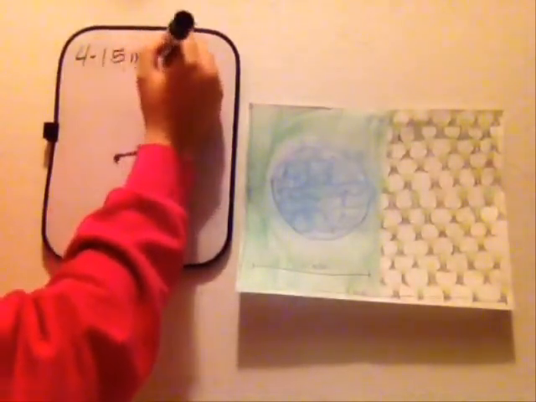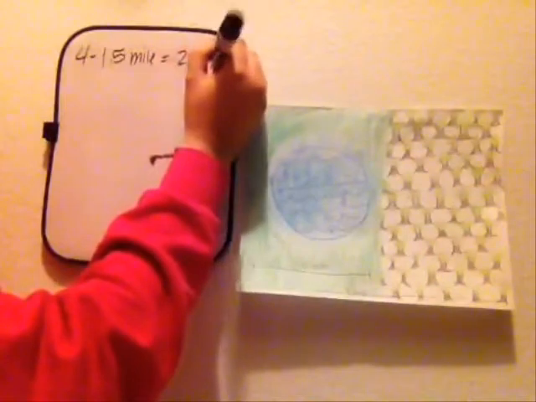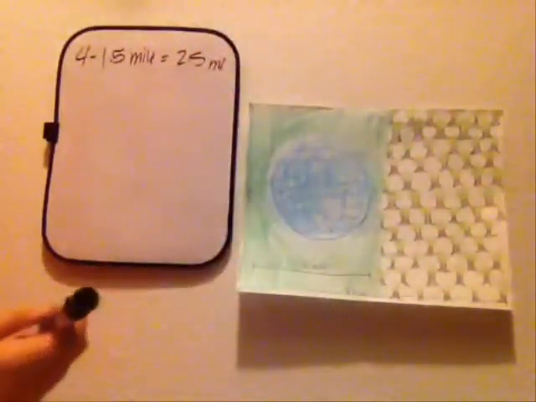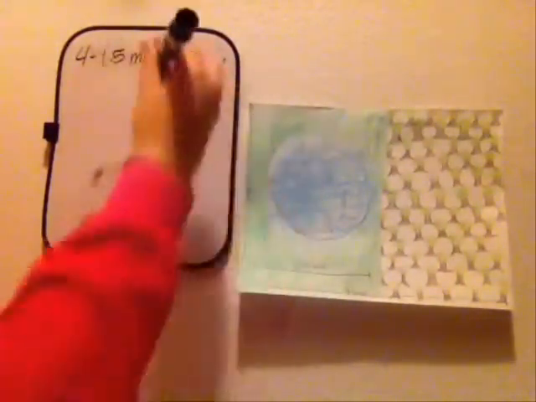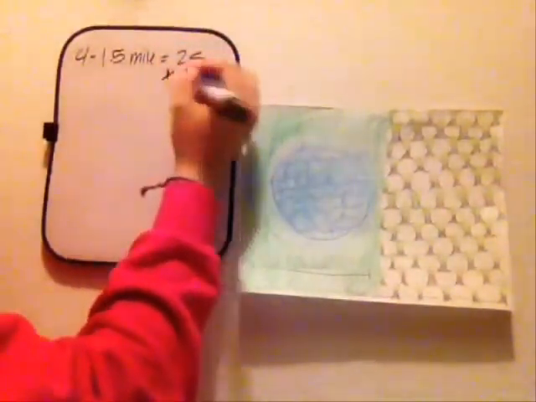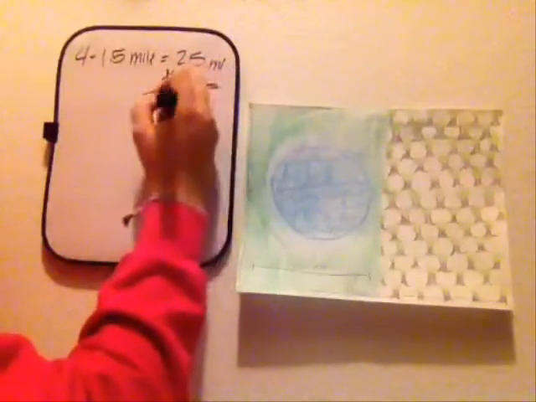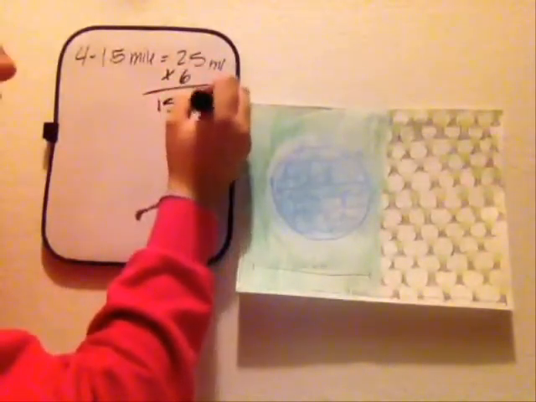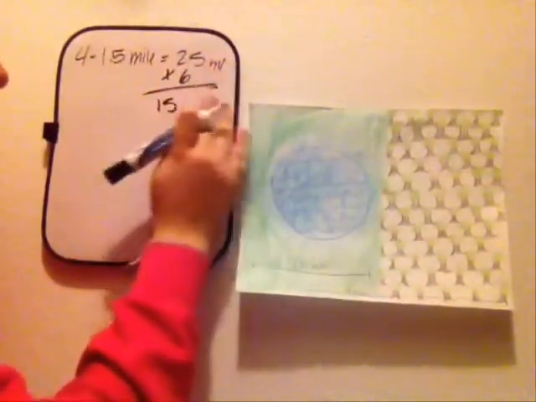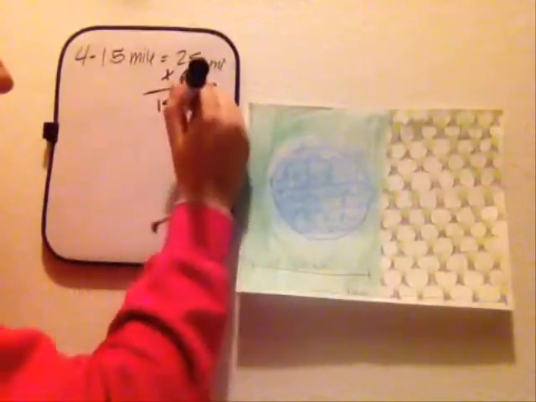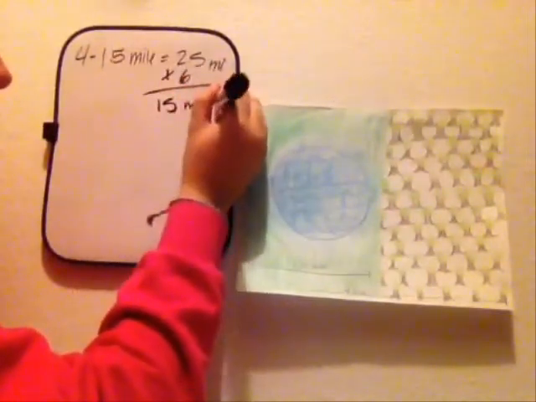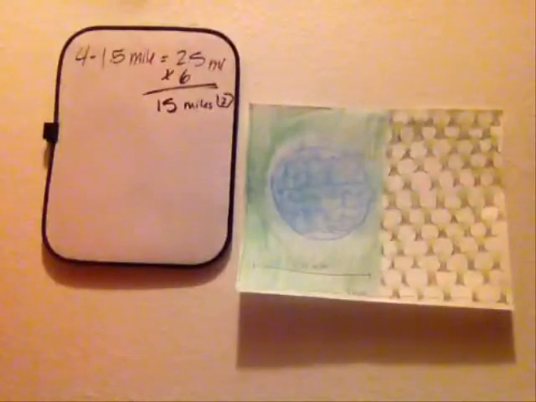The area of the forest would be 4 minus 1.5 miles, which would be equal to 2.5 miles. Then multiply it by 6, which would be the width, and you get 15 miles squared. Don't forget your squared because you're dealing with area.